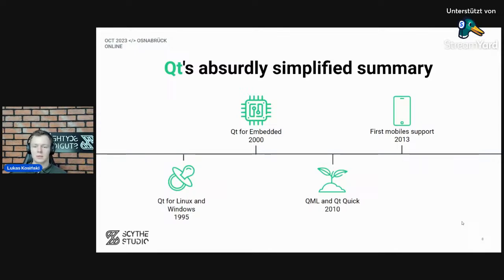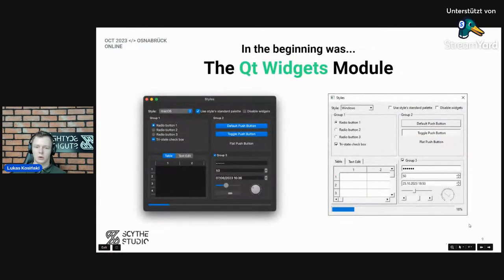So the question is how the UI programming in the Qt framework was done before this point. Well, the answer is the Qt Widgets module. The Qt Widgets module is part of Qt that is present in the framework from the very beginning. It's nice.